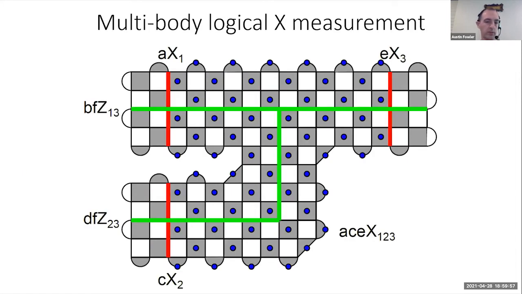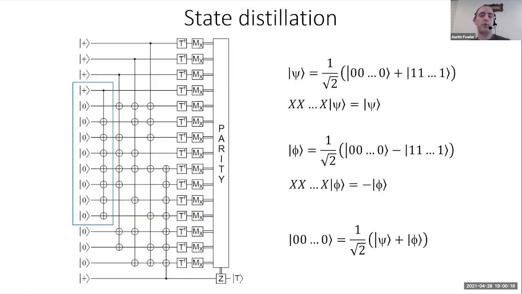Any number of logical qubits, if we wish to measure any combination of X and Z, we can do that. It's a matter of creating sort of a connector piece between those, and then you can measure whatever operator you wish. And that is really useful, not just for single control multiple target CNOT gates, but if we then move on to considering state distillation, it becomes a very, very powerful technique indeed.